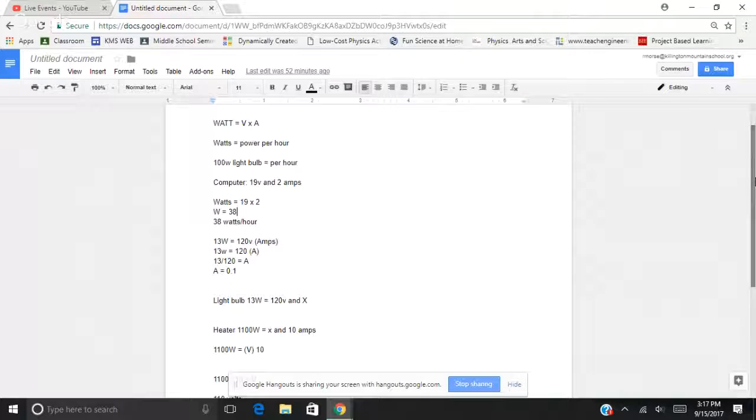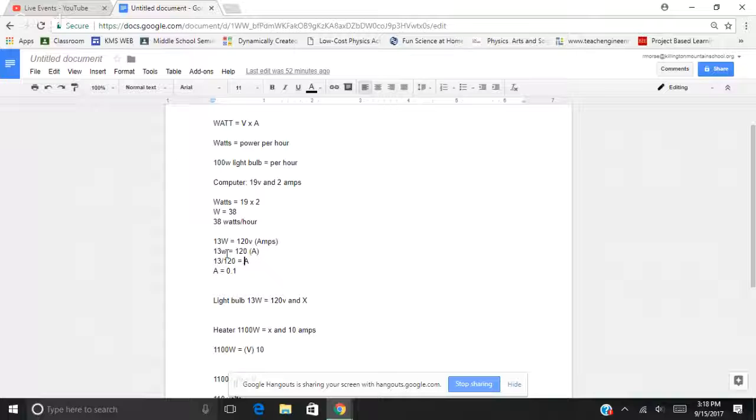This equation is kind of helpful if we want to figure out other things. A 13 watt light bulb only has listed 120 volts. It doesn't have listed the amps. So for the equation, we have 13 watts equals 120 volts times A for amps. Because it's times, in order to cancel out the 120, we need to divide.